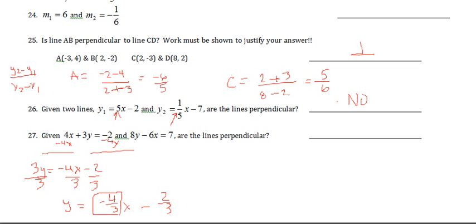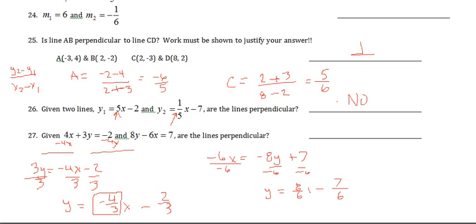But on the other one, I need to do the same thing. I'm subtracting 8y from both sides, so I get 6x equals negative 8y plus 7. Then I'm dividing by negative 6, and I get y equals 8 over 6 x, and again, the y-intercept does not matter in this case.